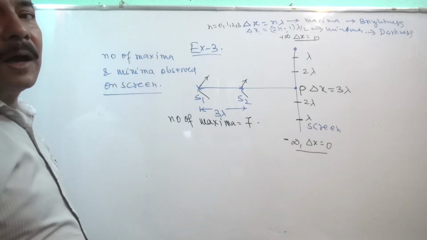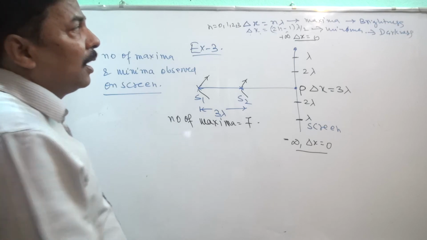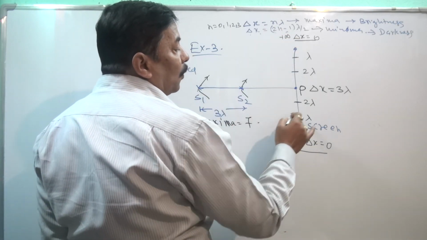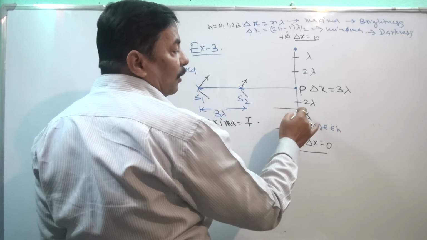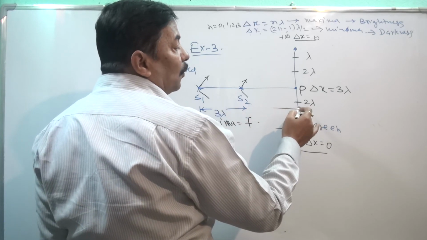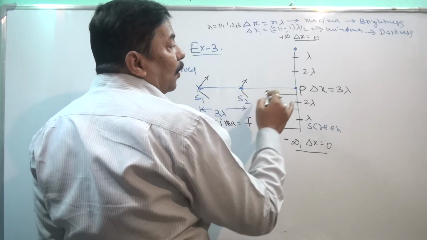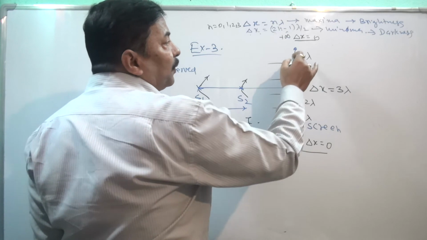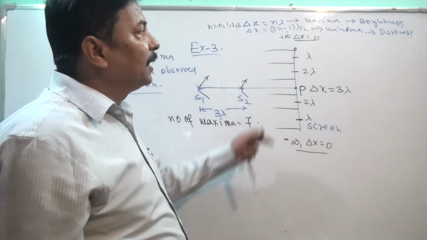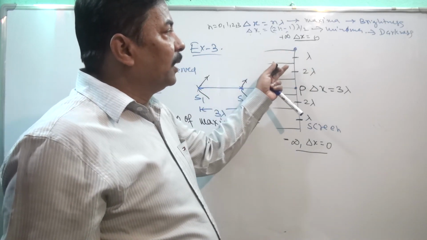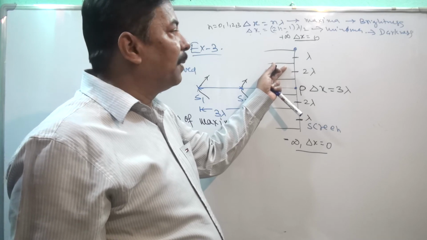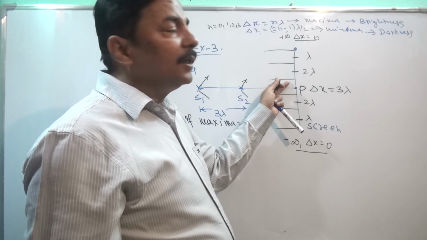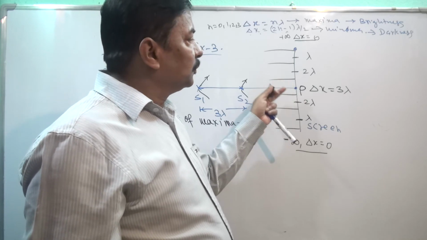Now talk about minima. What is the condition for minima? Odd multiple of lambda by 2. So here it is lambda by 2, here it is 1.5 lambda, that is 3 lambda by 2, here it is 2.5 lambda, that is 5 lambda by 2, and so on.